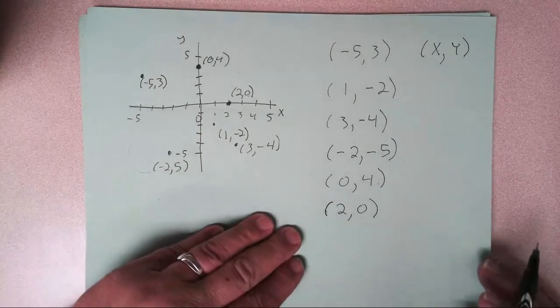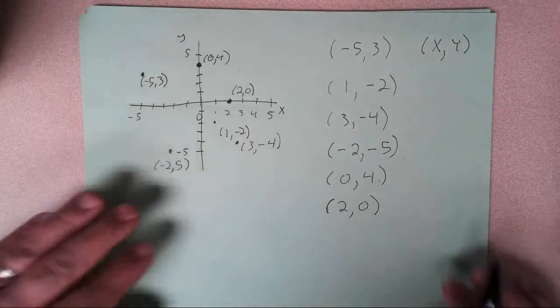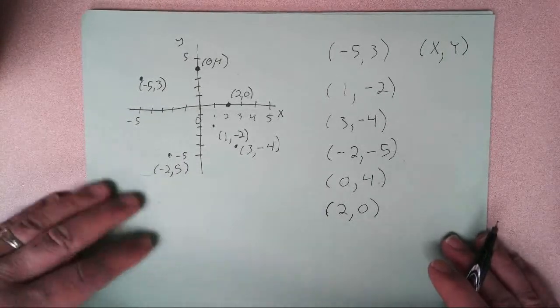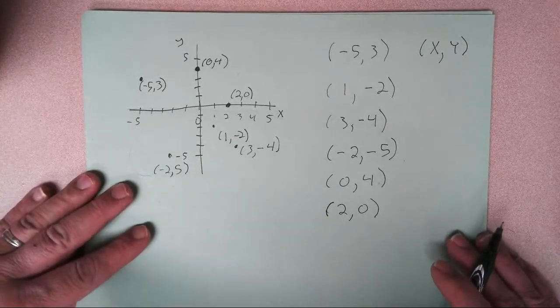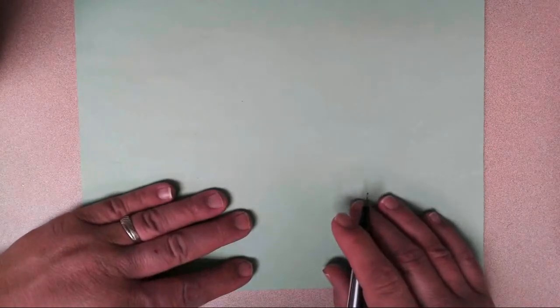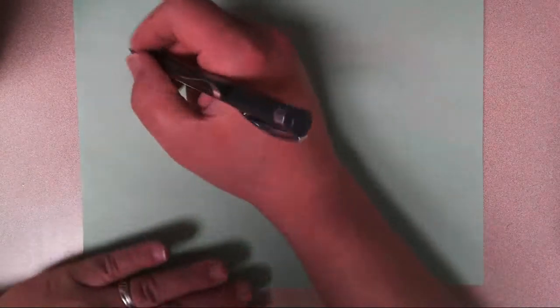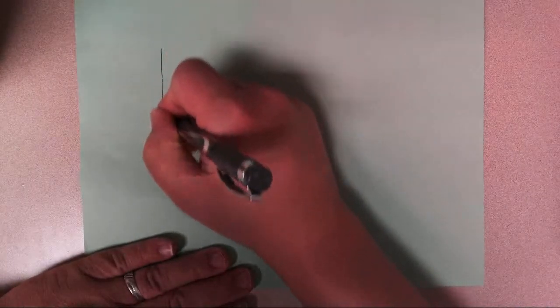Now one thing that I do want you to be at least familiar with, we're not going to be doing a lot of graphing lines or anything, but I want you to understand the slope and the y-intercept of a line. So we're just going to very briefly look at that.